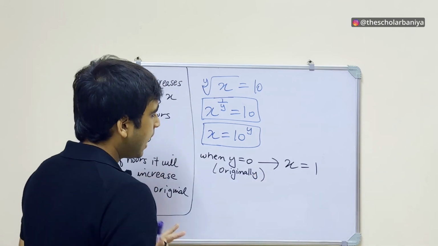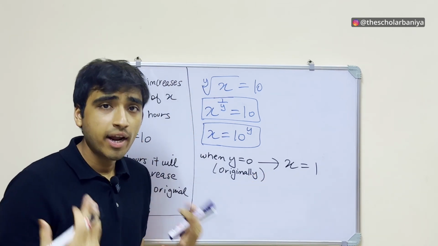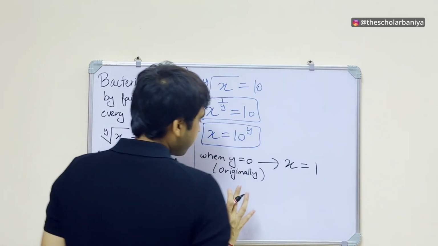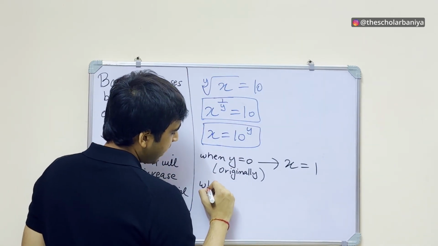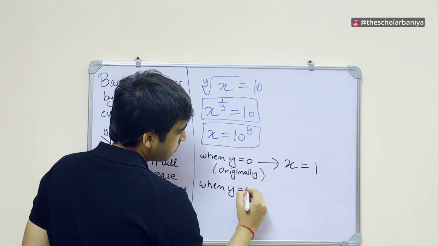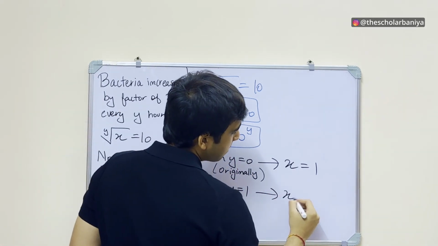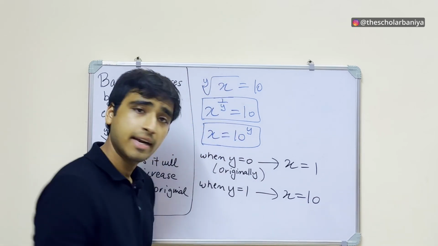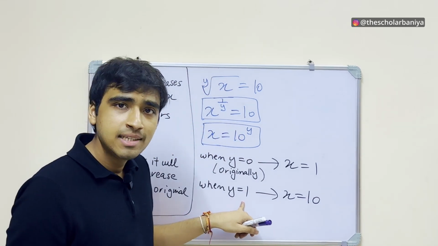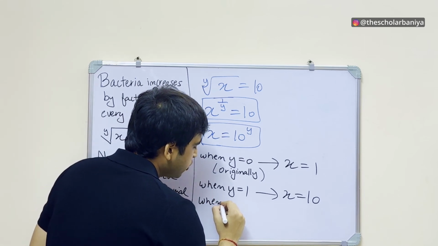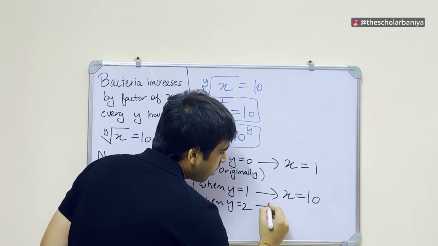Okay. Now, when y is equal to 1, what is y? Y is the number of hours, right? So after 1 hour, so basically when y is 1, what will be x? X will be 10, right? So y equal to 1 means after 1 hour, right? Now, when y is equal to 2, what will x be?